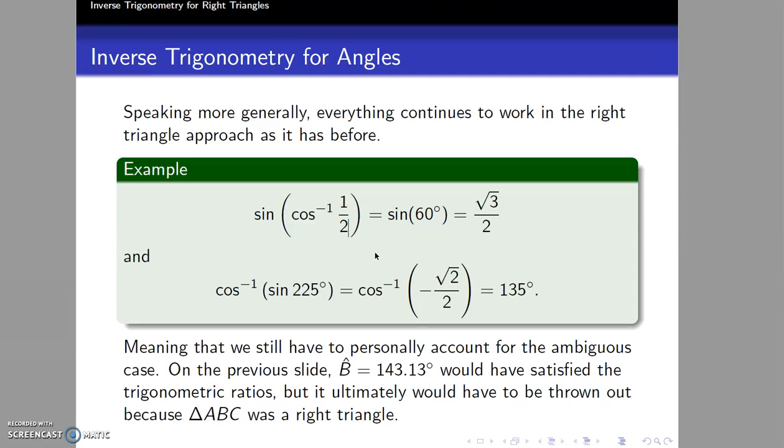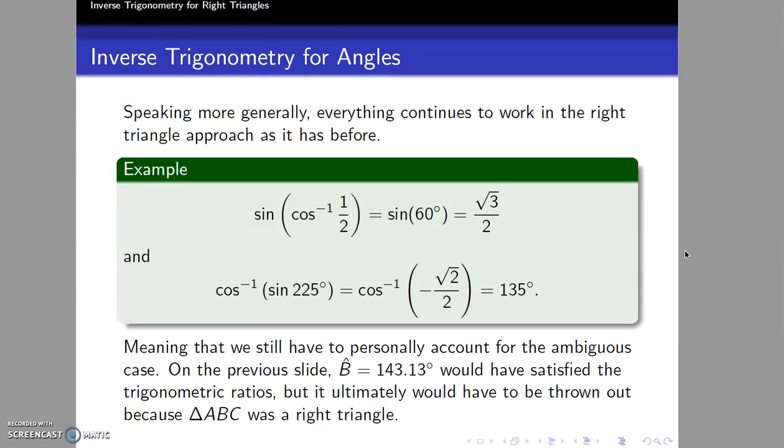And the arccosine of negative root 2 over 2 is asking, what's the angle between 0 and 180 whose cosine is negative root 2 over 2? And that is 135 degrees. So all of this works exactly the way it did before. That is not changed. We're just using degree measures instead of radian measures, I guess. That's the only other difference.